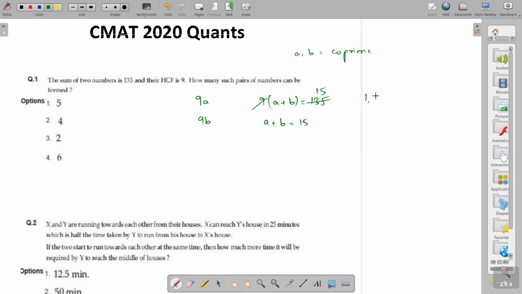Let's make cases: 1 and 14, 2 and 13, 3 and 12, 4 and 11, 5 and 10, 6 and 9, 7 and 8.